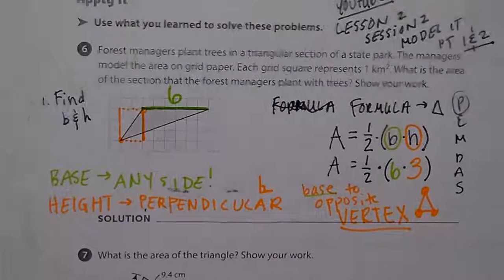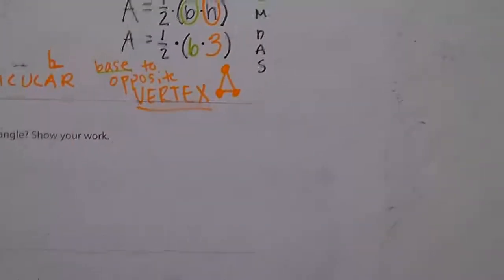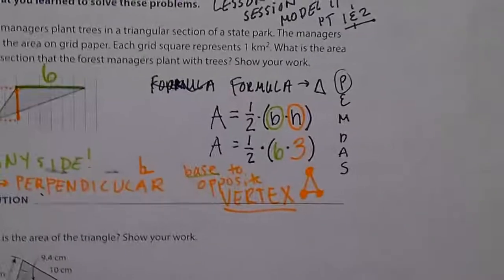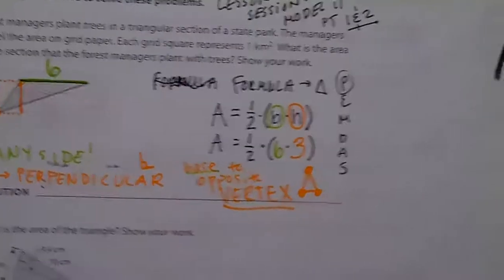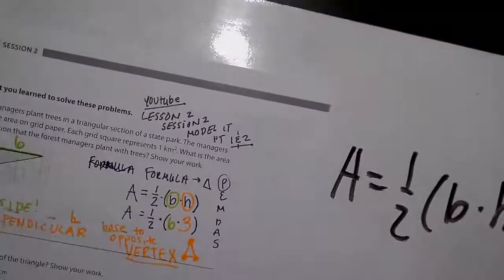I'm going to move my work over to my whiteboard just because my paper is getting a little crowded. I want to make sure everyone can see exactly what's going on here. So I found in our last lesson that to find the area of a triangle, we can do 1/2 times the base times the height. Actually, I just need to zoom out here.